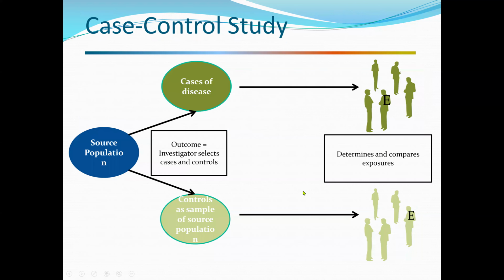So that's why we have the case and the control. Here we have the source population, and the participants with the problem or the cases of disease, and we monitor over some period of time. The outcome, again, the investigator selects the cases and the controls. Controls are a sample of the source population also.